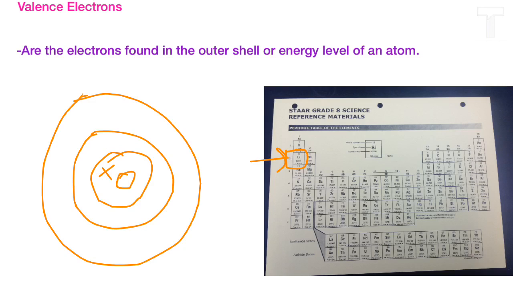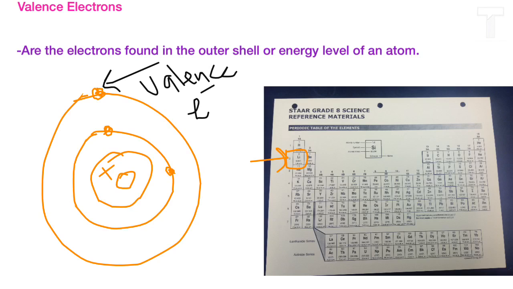And because of 8-man, you know that since the atomic number of lithium is 3, that it also has 3 electrons and 3 protons. So I'm going to draw my electrons. Here's 1 electron, 2 electrons, and 3 electrons. And this guy right here, who's on the very outside ring, he is a valence electron.